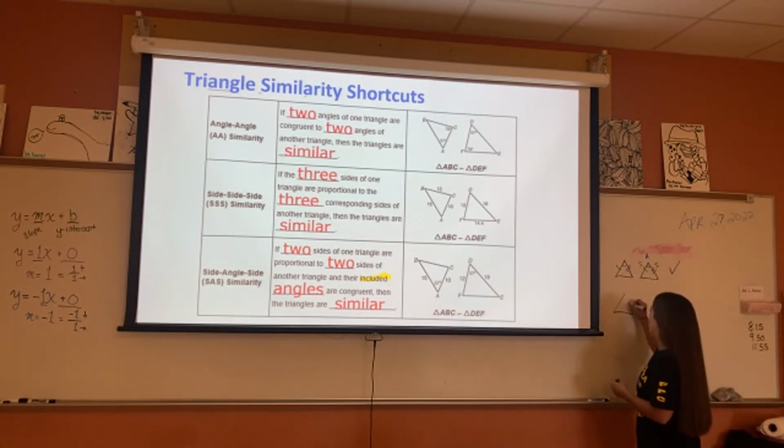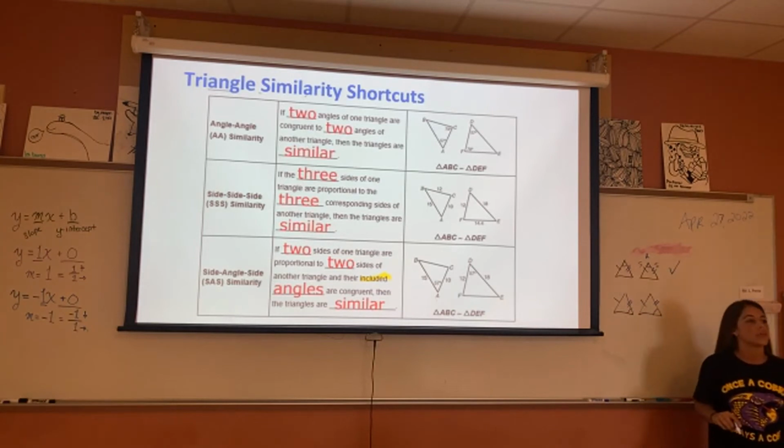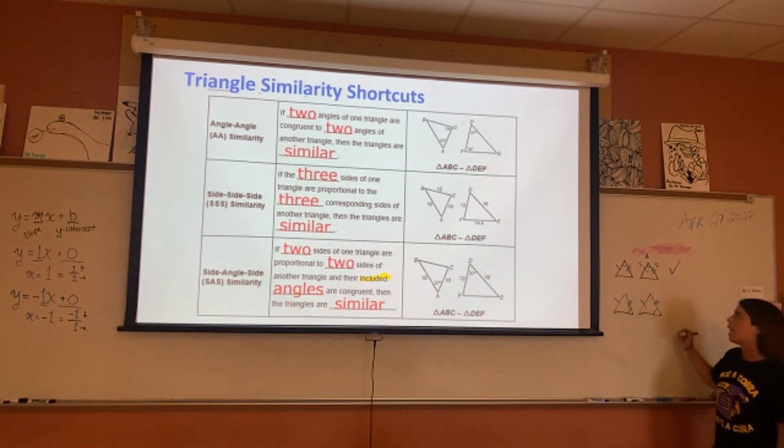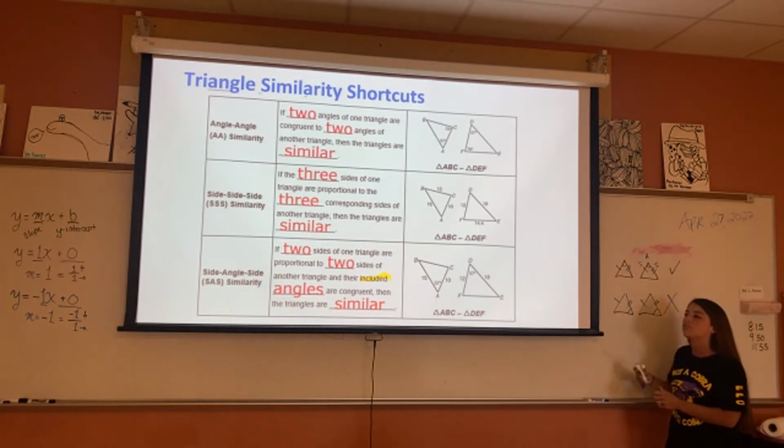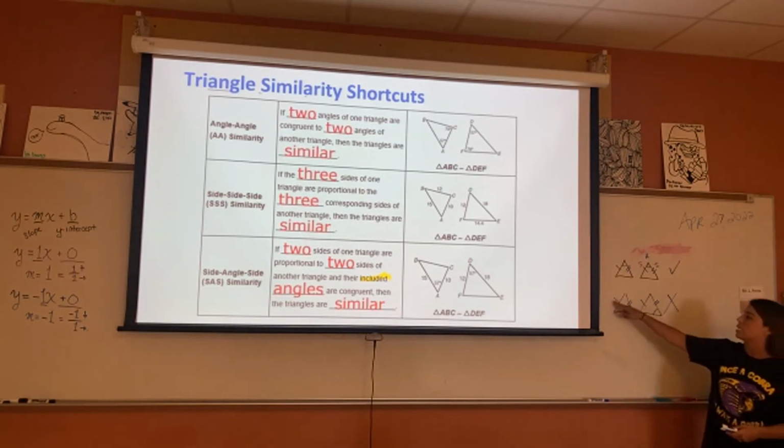You may get triangles and they say, this is proportionate to this side is proportionate to this, and these two angles are congruent, if you get something like that, that's not going to work. You can't use the side angle side similarity theorem if it's going side side angle or angle side side.